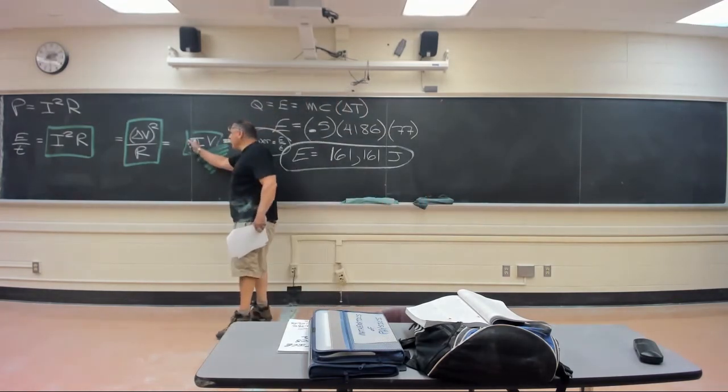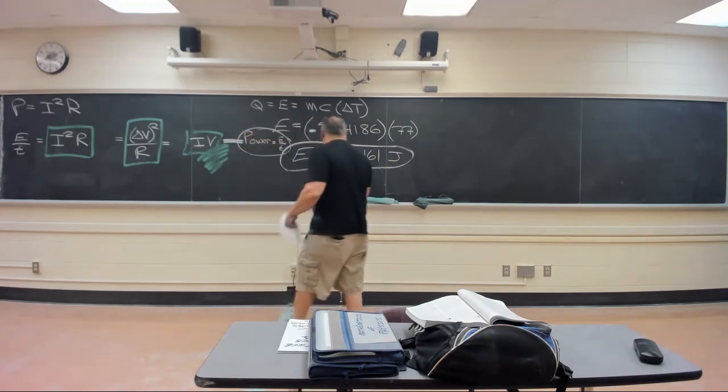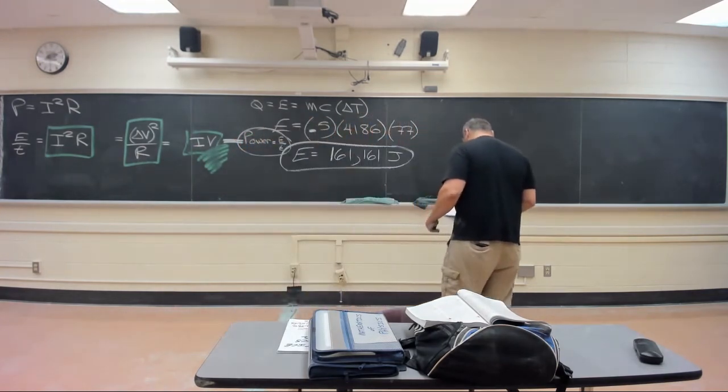Because this is joules over Q. Joules here, seconds on the bottom. This is Q over seconds. Q times work per unit Q is work. It's work per second. So that'll get you there.